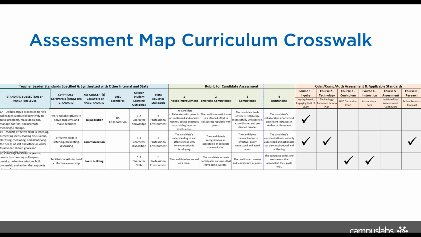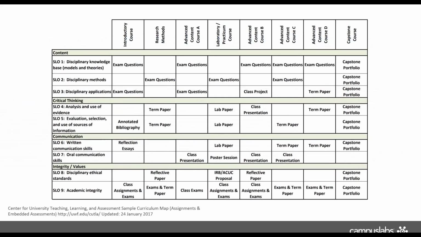Now, here is another example. If you take a second to consume it, it's showing us blocks of student learning outcomes that are organized by overarching outcomes. So content has 3 outcomes underneath it. Critical thinking has student learning outcome 4 and 5.